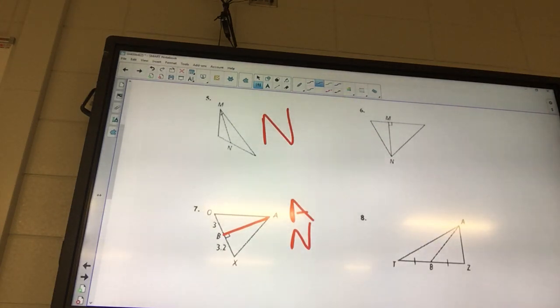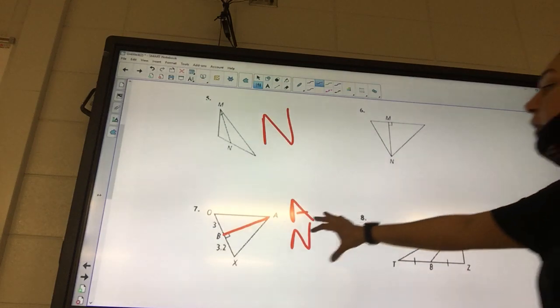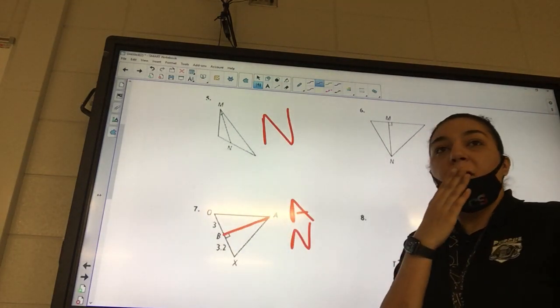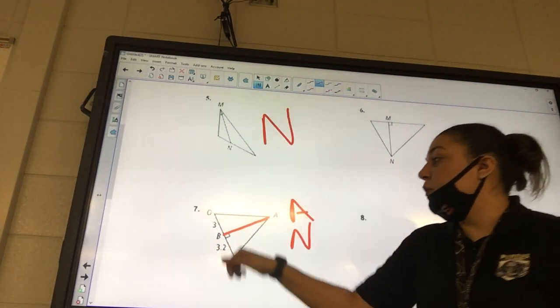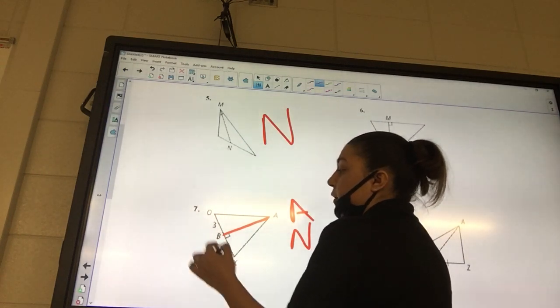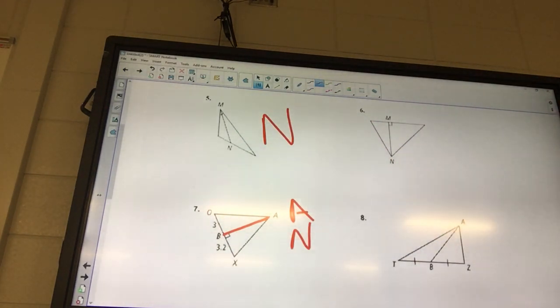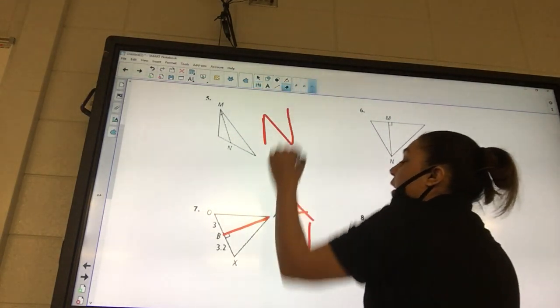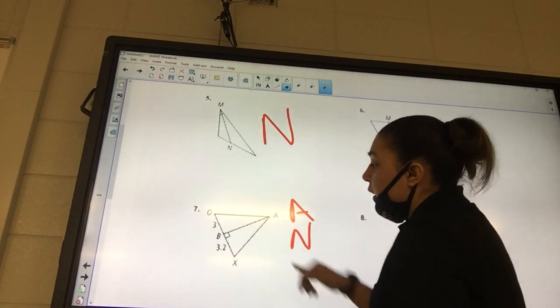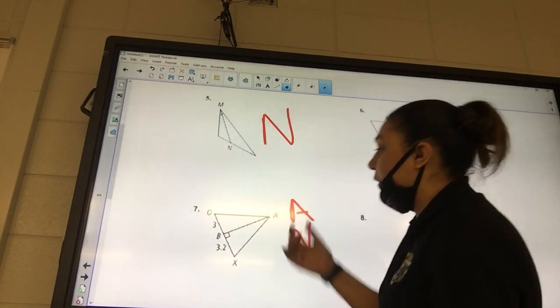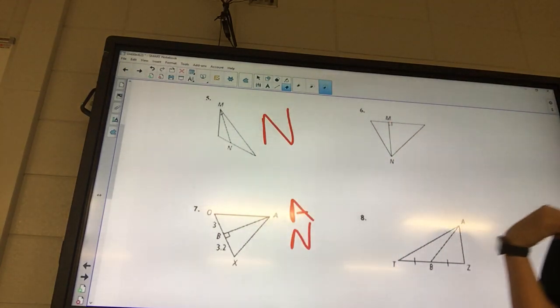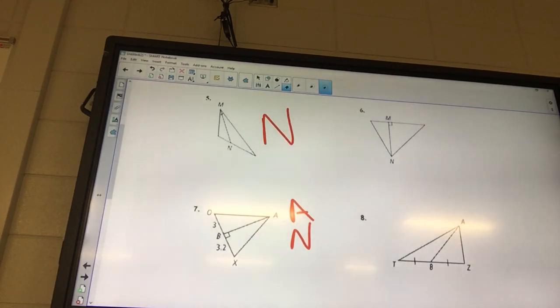I would not take a median, because these would have to both be 3.2 or both be 3 in order for them to have a tick mark. That means that they are equivalent to the other. But if you do look super duper close enough, I don't know. I go back and forth. I'm like, that's on the corner. No, it's not. Okay, so either one of those would work.